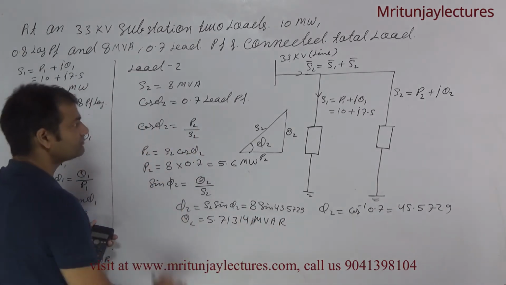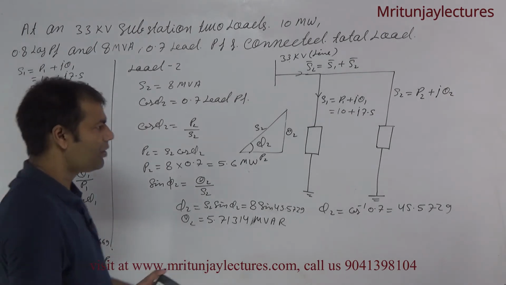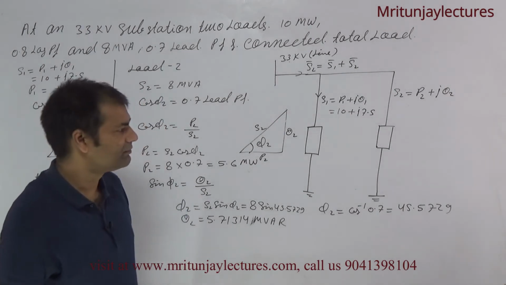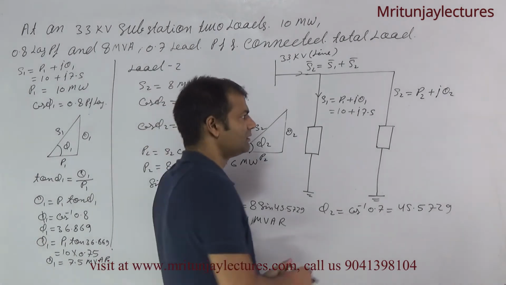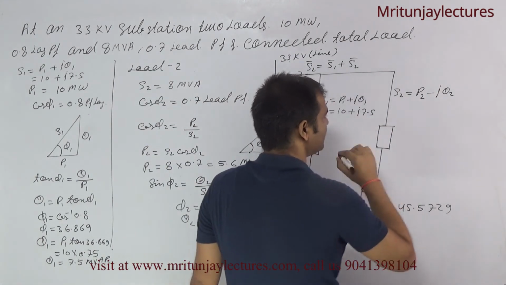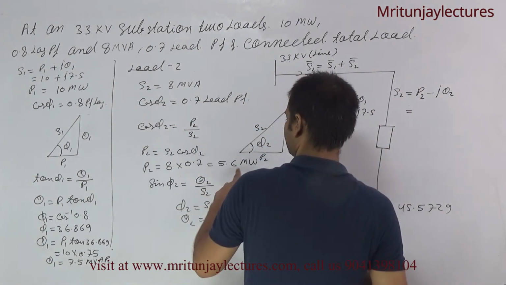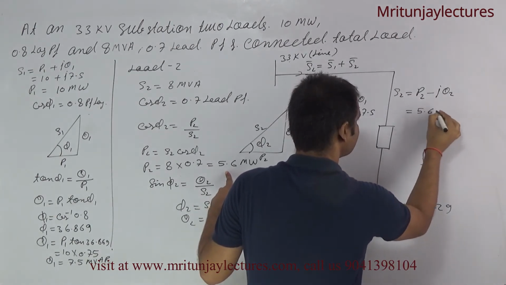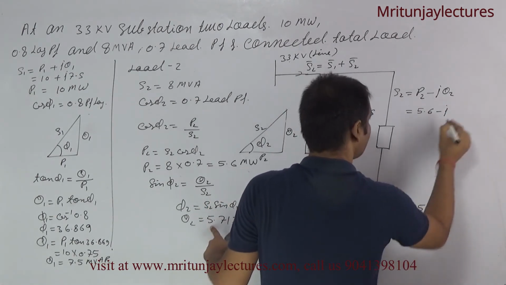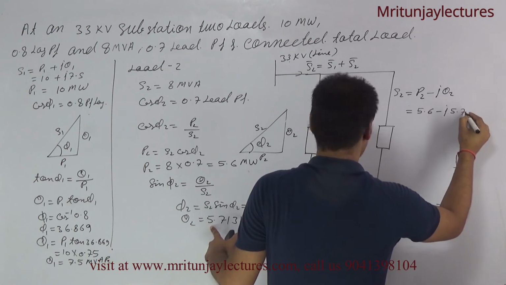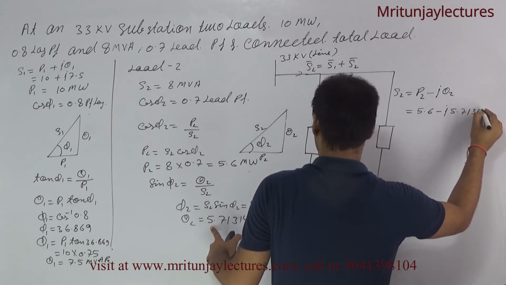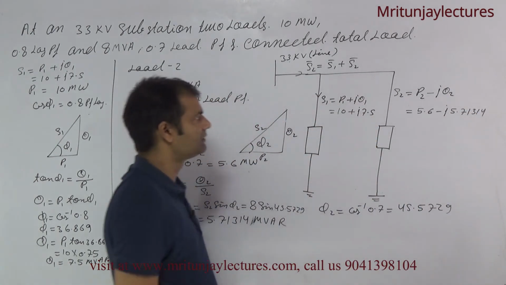The power factor is leading, which means Q is negative. So S2 is equal to 5.6 minus j 5.71314.